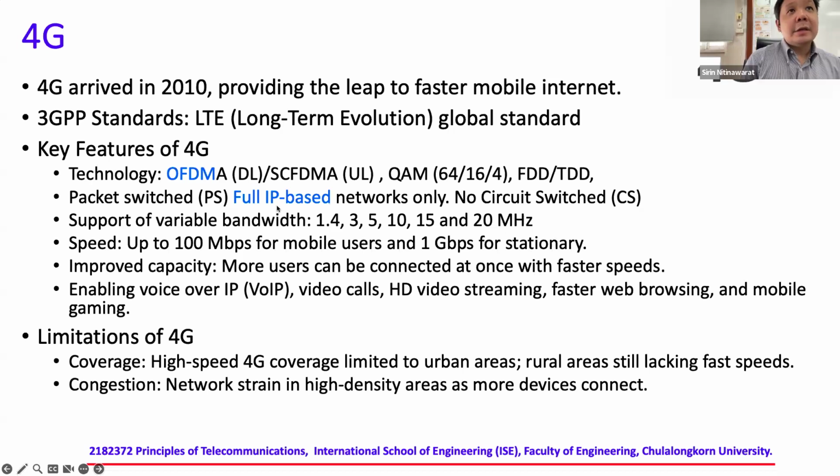And as a consequence, this is the first generation at which the cellular network becomes full IP. So even if you make a phone call, your traffic has to pass through the internet. So a lot of time that is called voice over IP.